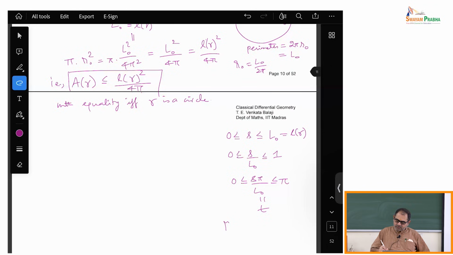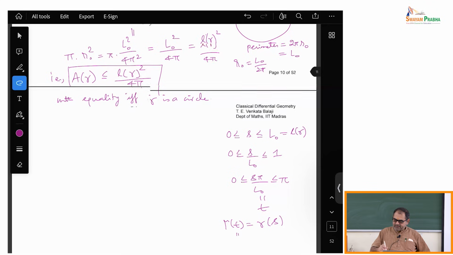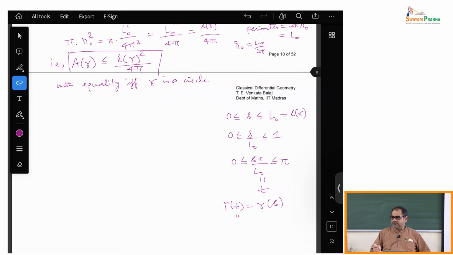So if you take capital gamma of t, which is equal to small gamma of s, then basically it is just a reparametrization of the curve. This capital gamma of t is capital gamma of s pi by L naught, and this is equal to small gamma of s.